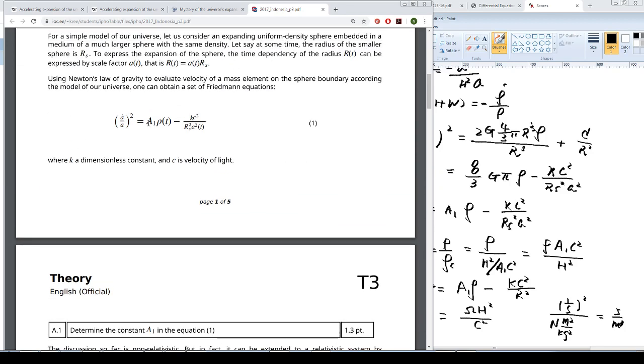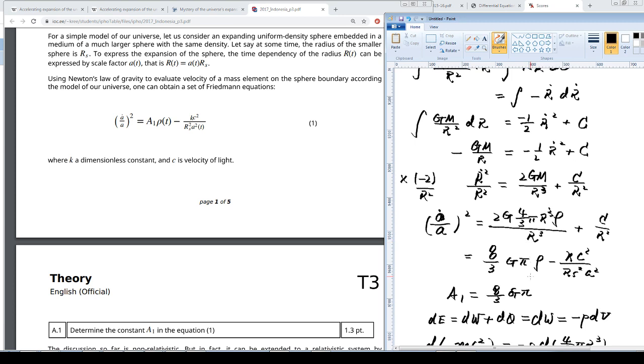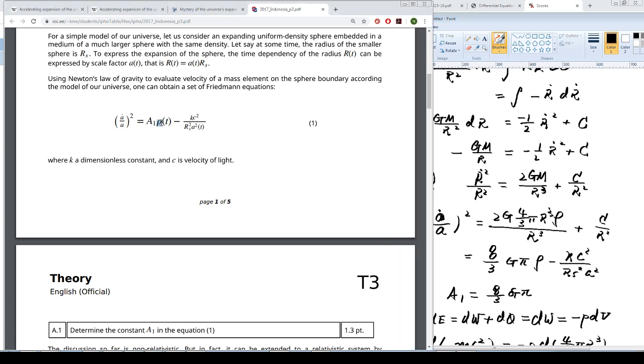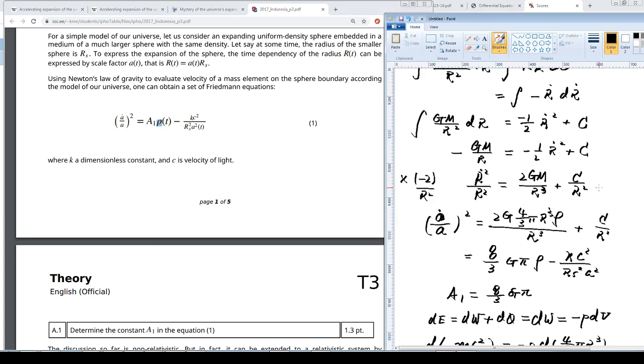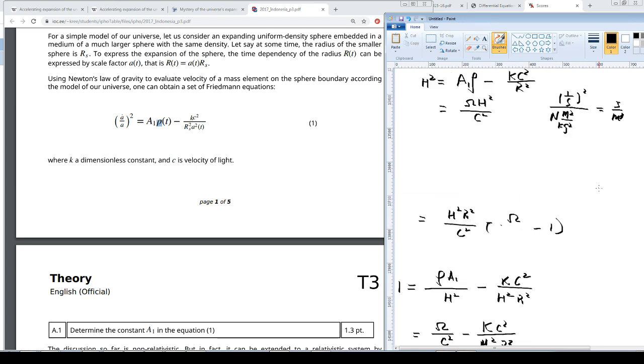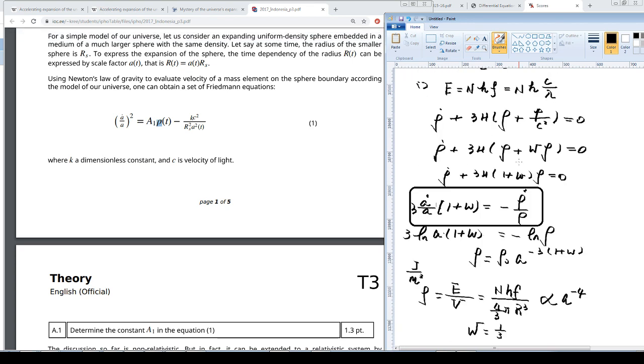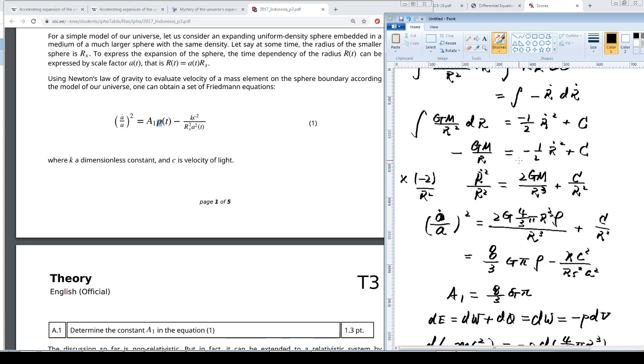A rho. Unless, did I copy my A1 correctly? Okay, what's the unit for A? Same as G, just same as capital G. But up here, that rho is kilogram per meter cubed, right?